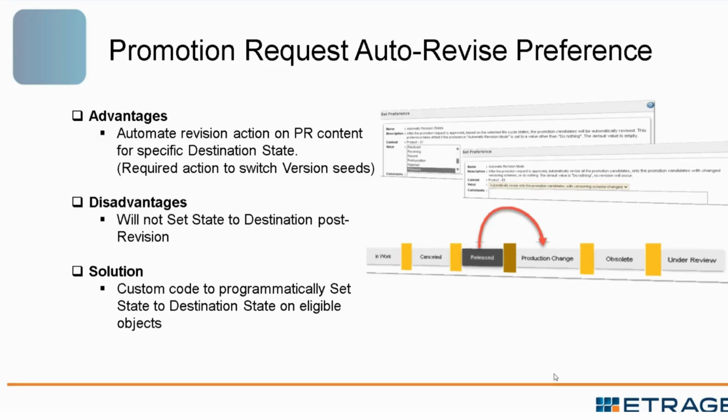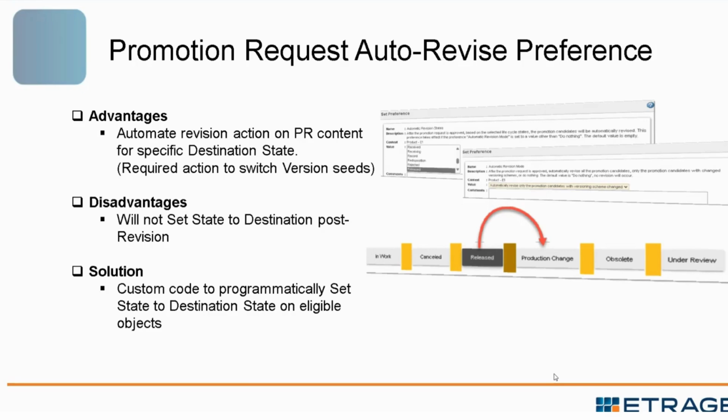It's a preference, and you tell it, hey, when the object gets to the state through a promotion request, the promotion request should do an automatic revision. Why does it have to do an auto revision? Because that is the action required to do the switch from, let's say, numeric to alpha. So that's mandated to do that scheme switch. Well, okay, fine. It works awesome with a preference.